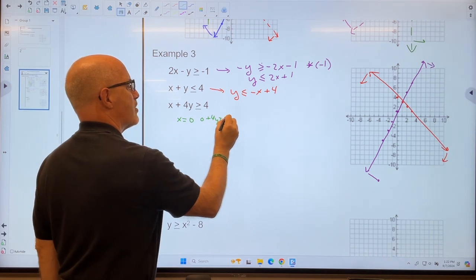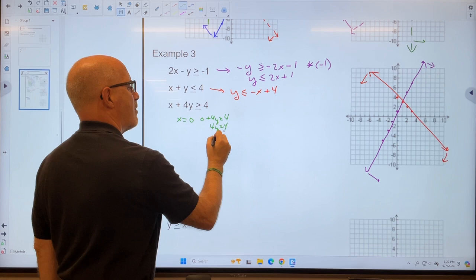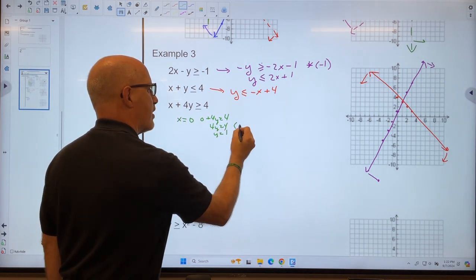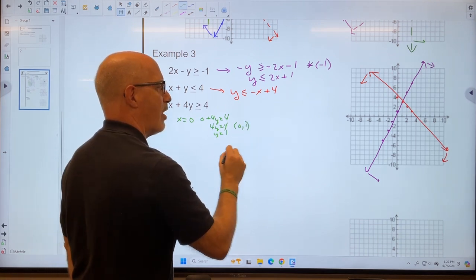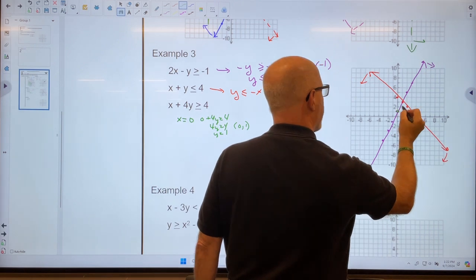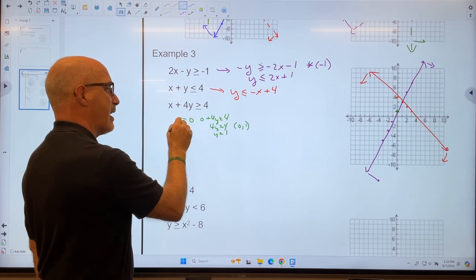Think about the equation, so I'm going to make it an equals. So I get 4y equal to 4, my y equals 1. So I've got an ordered pair here of 0, 1 that I can plot. Okay, so 0, 1's right there. That's the y-intercept by putting in x equals 0.